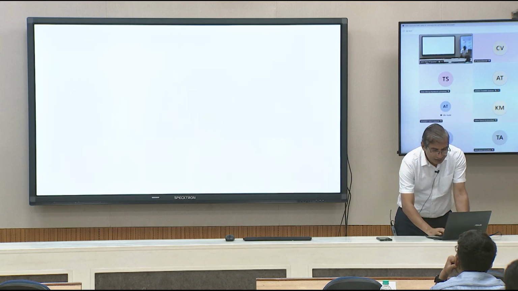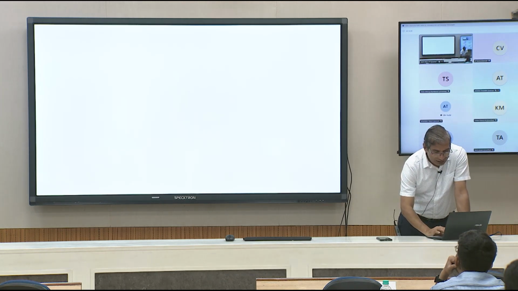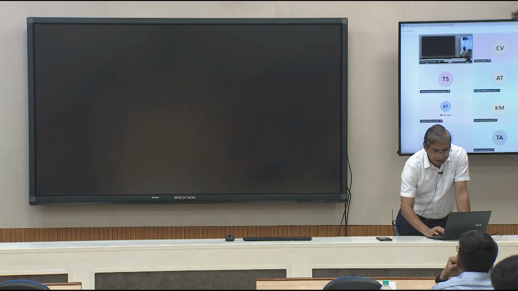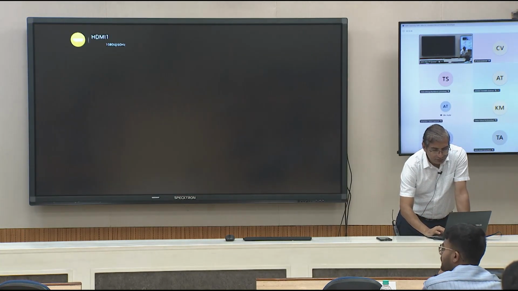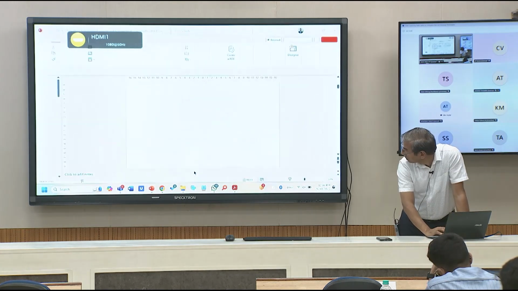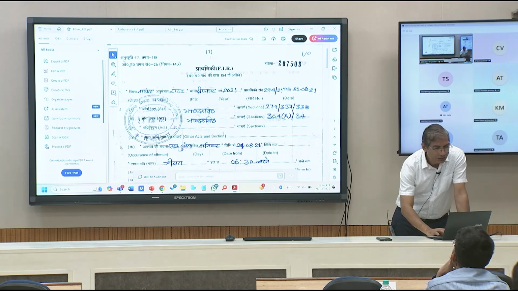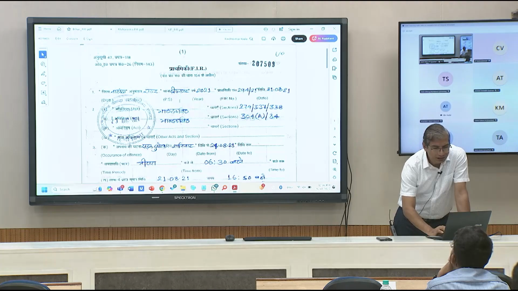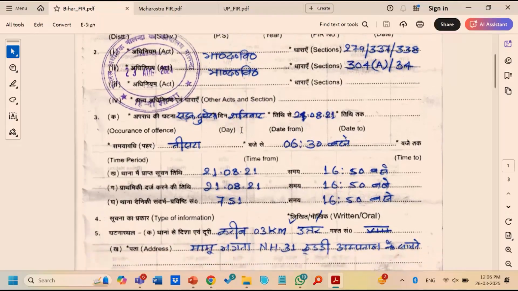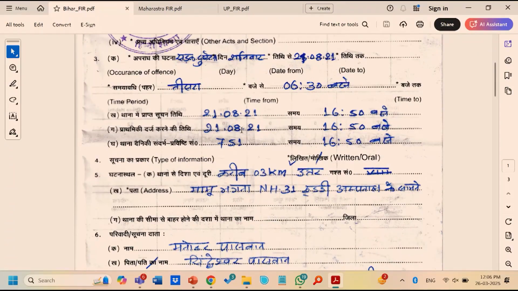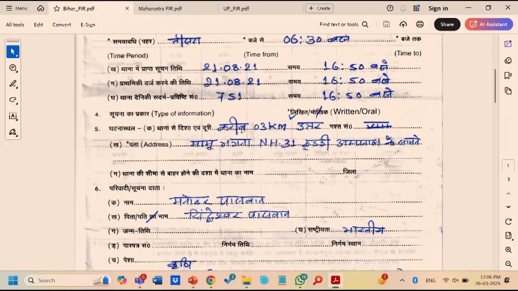Similarly, we can see some more FIRs from other states, which have a different pattern. Here this FIR is from Bihar. You can see a particular format that the person has to fill. When he got the information and when he registered the case, all those times are there.